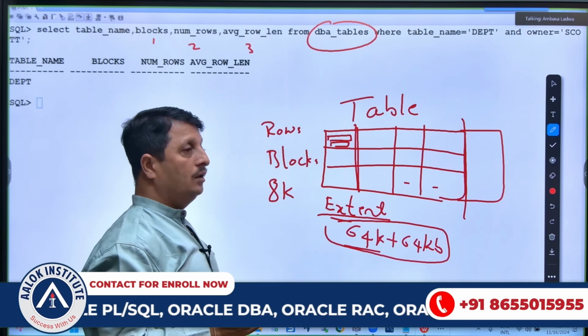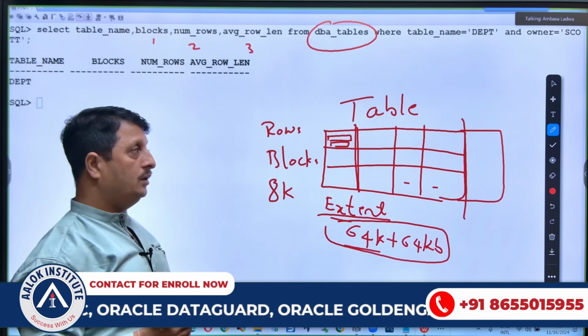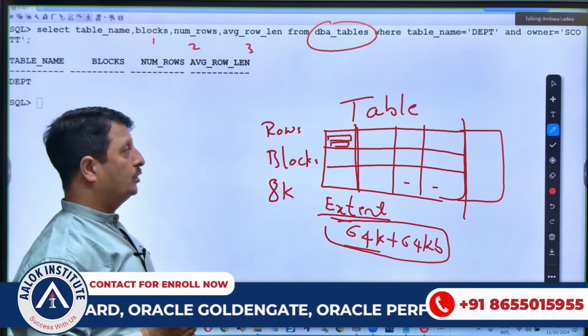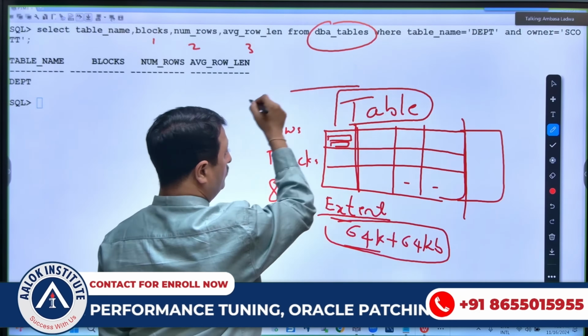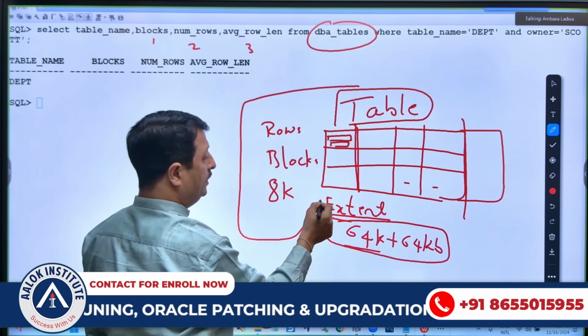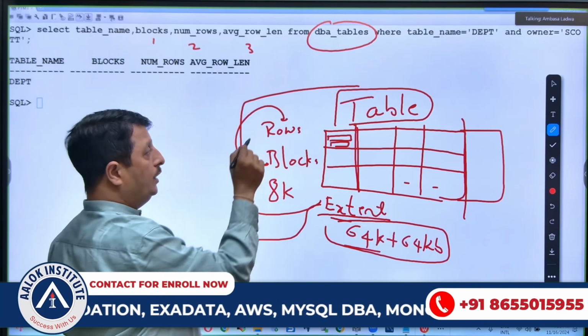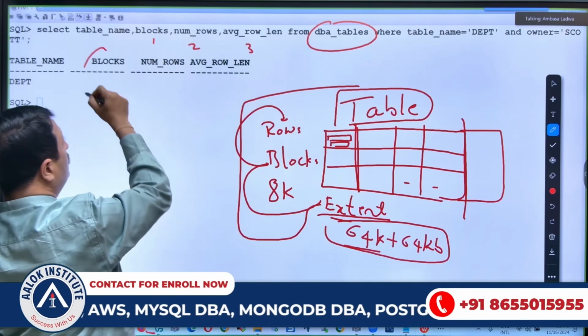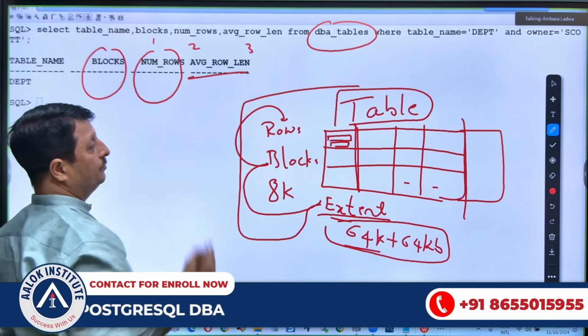Here, this is what it is, a record. There is a point to note here. There's a table which is made up of extents, the extent is made up of blocks, and the block is made up of rows. So now we need to tell how many blocks we have, how many rows we have, and what my average row length is.